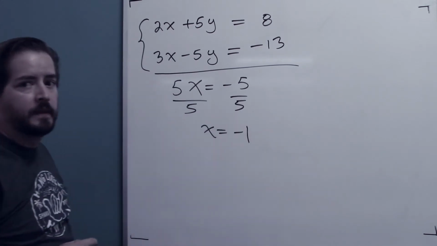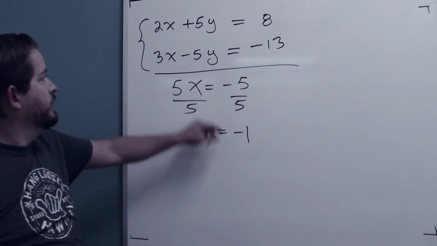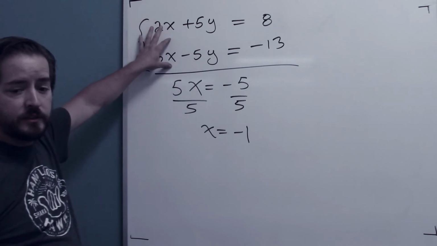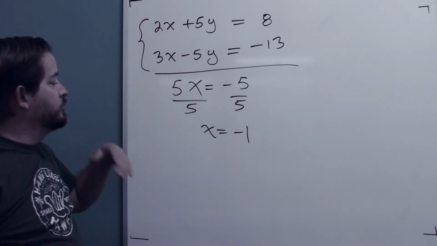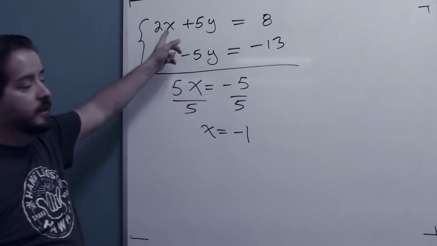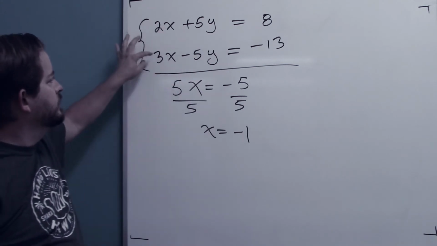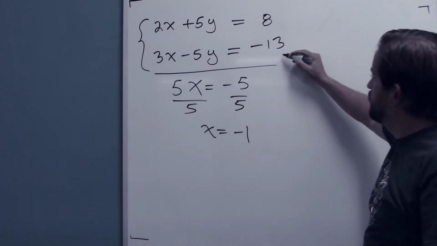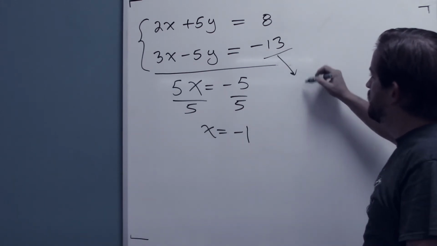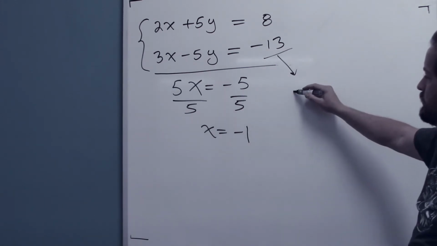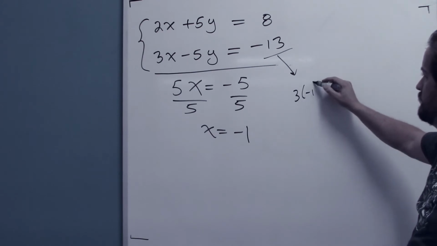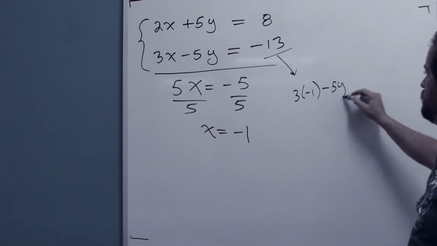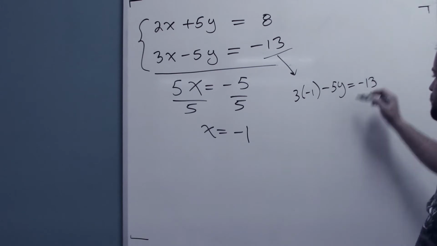Right? And now that I have x equals negative 1, I can plug it into one or the other of these equations, or into the original equation that I had here. It's not terribly helpful. I'll just plug it into the bottom because why not? That gives me 3 times negative 1, minus 5y equals negative 13.